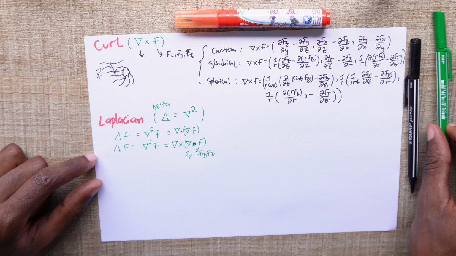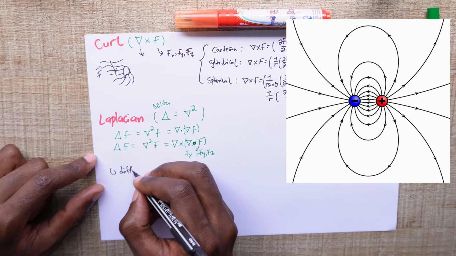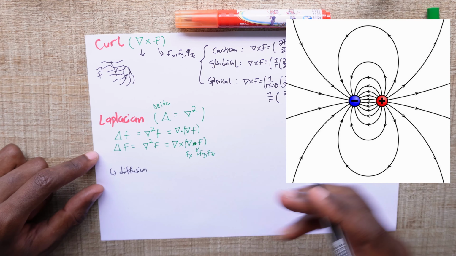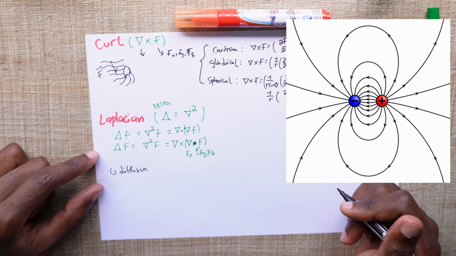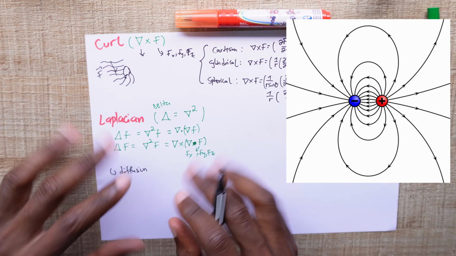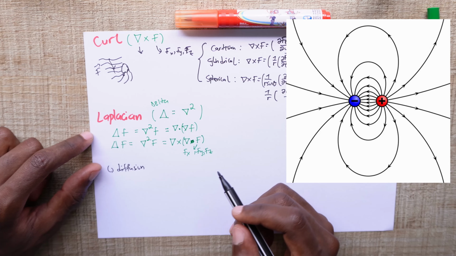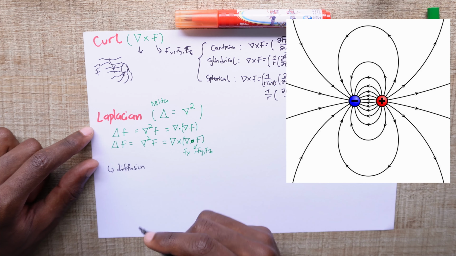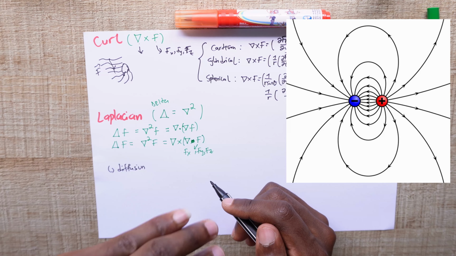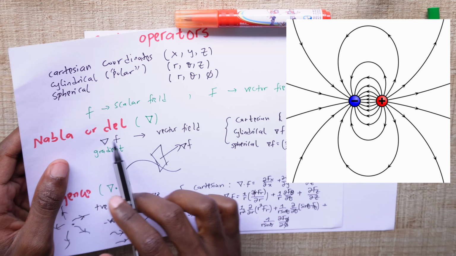So what this operator really tells us is the diffusion, or the rate of change of the function over time, or the rate of spread of material over time. If you remember in calculus, you saw that the first derivative of a function essentially gives you the slope. It tells you whether the function is increasing or decreasing. That's what we saw essentially with the Nabla operator.